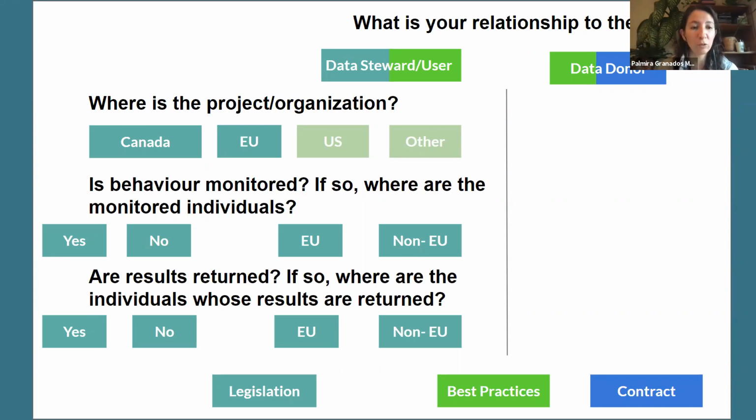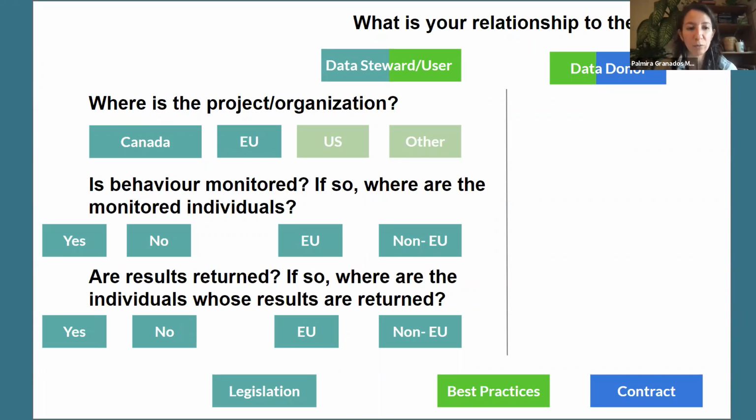Then the next question would be whether the user is somehow monitoring behavior. If that is the case, then we're asking where the individuals whose behavior is being monitored are located. The answers would be first yes or no, and then whether they're located in the EU or not in the EU.